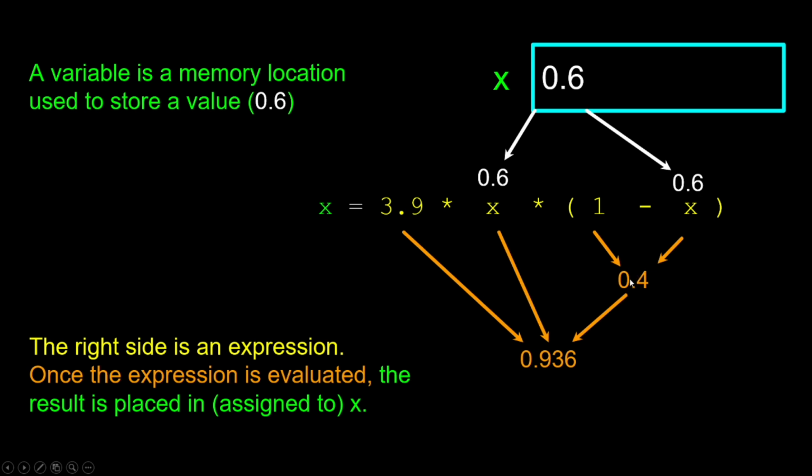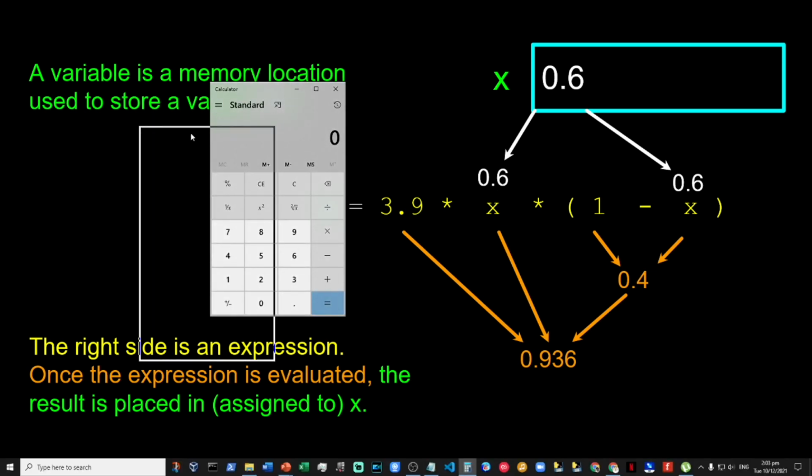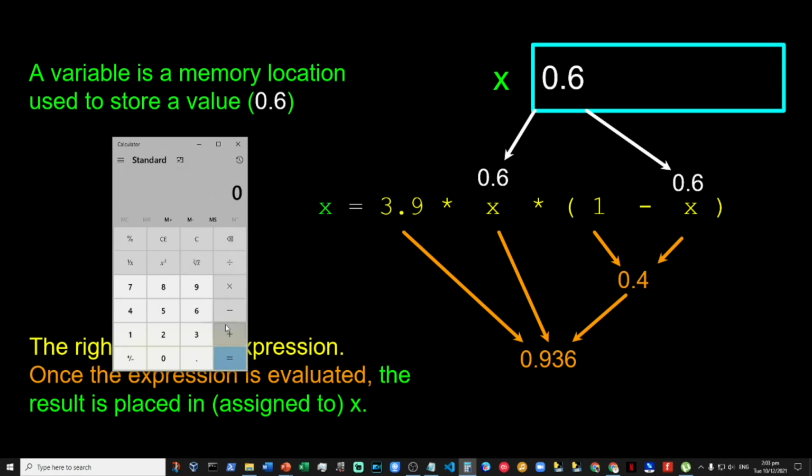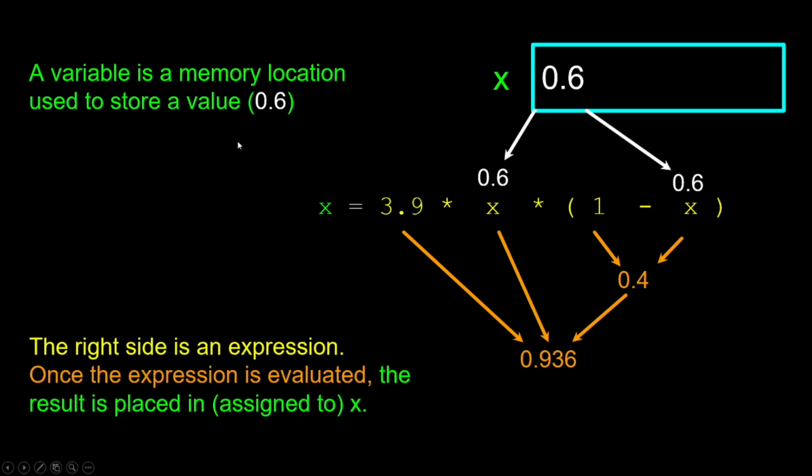Next, since these are all multiplication on the same order, 3.9 times 0.6 times 0.4, we're going to open our calculator for that. We have 0.936 as the value of x.